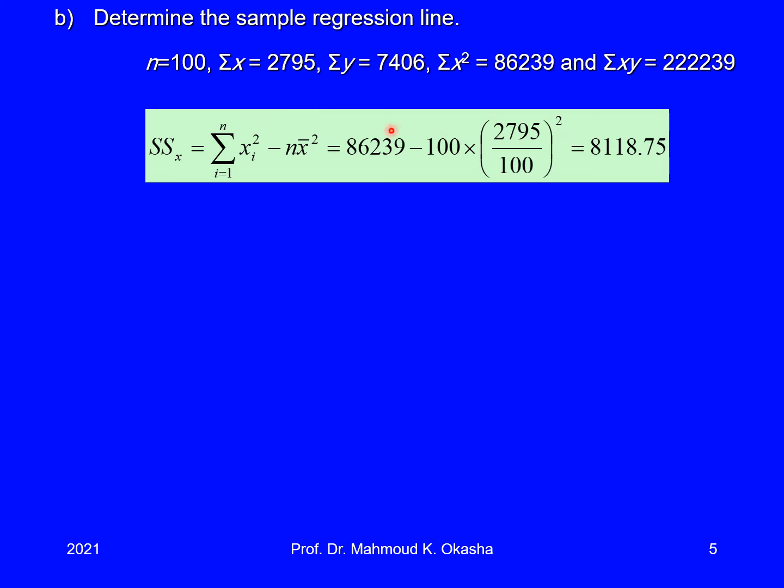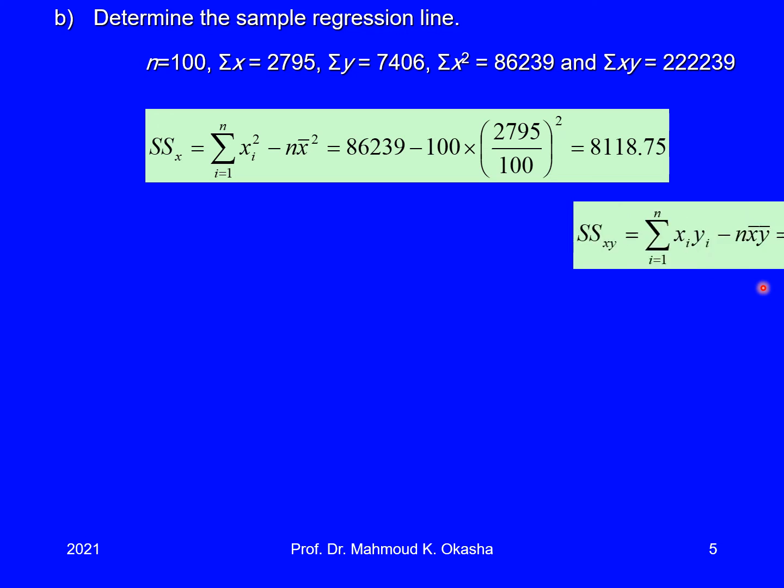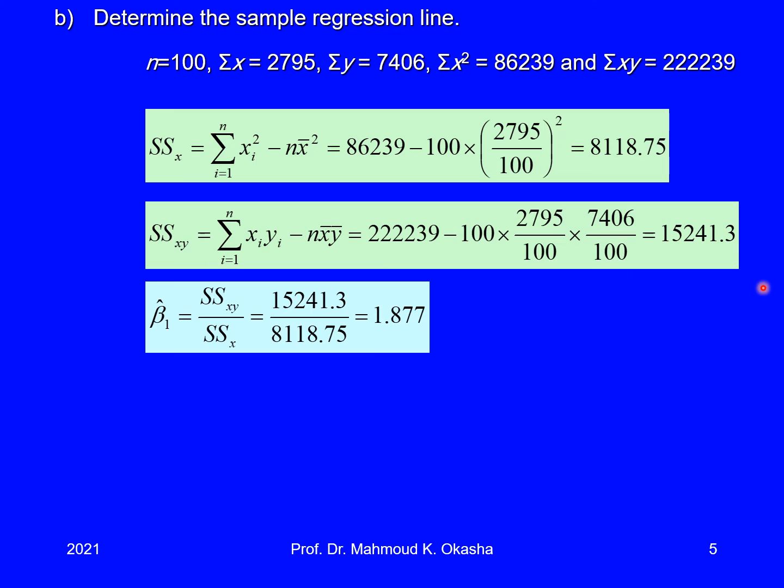We square this mean of x, the average of x, and get it like that. The SSX equals then 8,118.75.